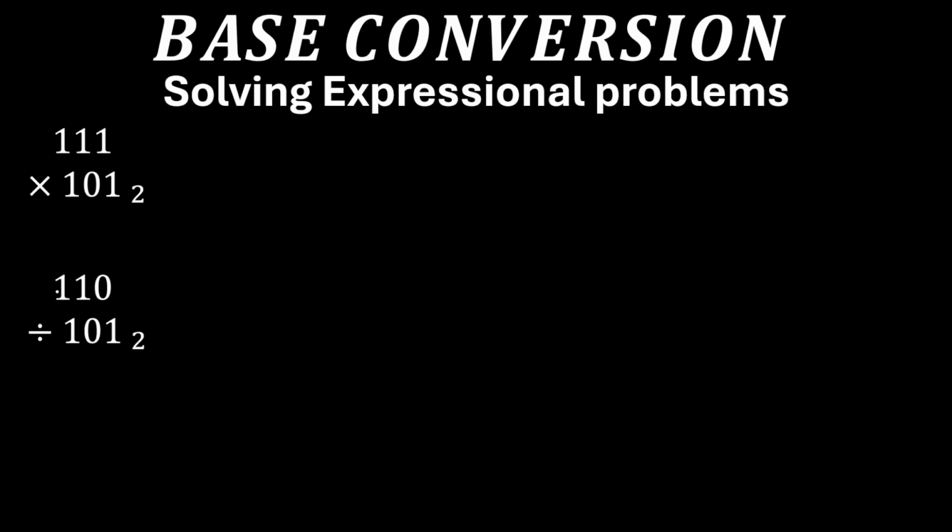So the next question is 110 divided by 101 in base 2. So let us see how we can do this. Every operation in base 2, the one that is inside is 1 1 0, and we are using 1 0 1 to divide it.